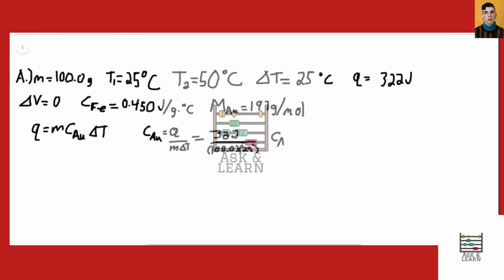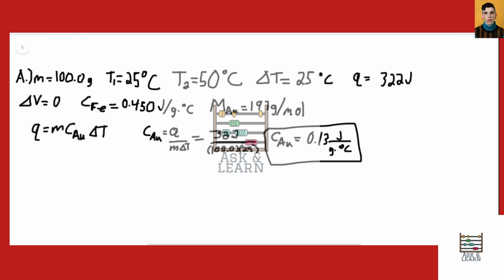So C of Au is equal to 0.13 joules per gram times degrees Celsius. That's the specific heat of our gold bar.